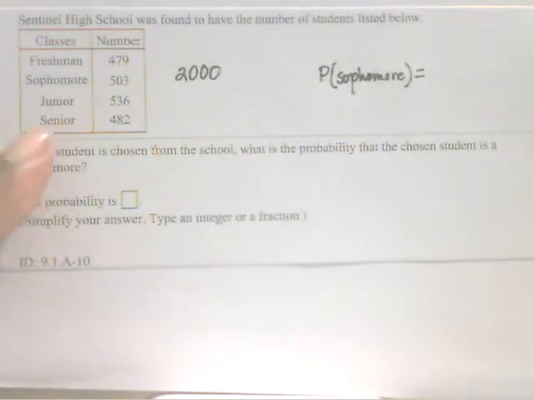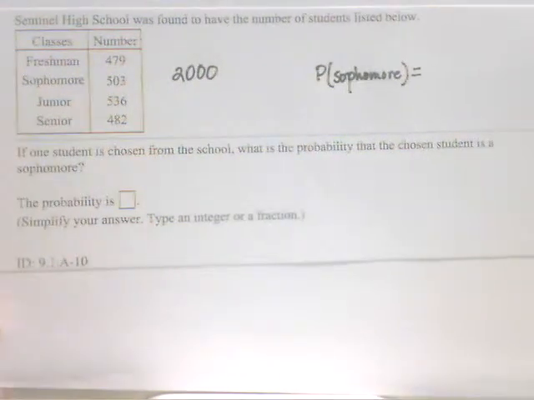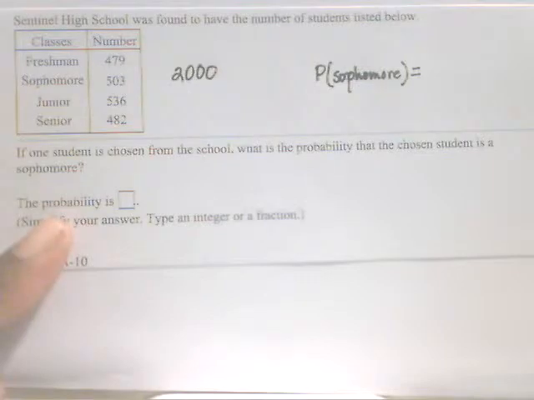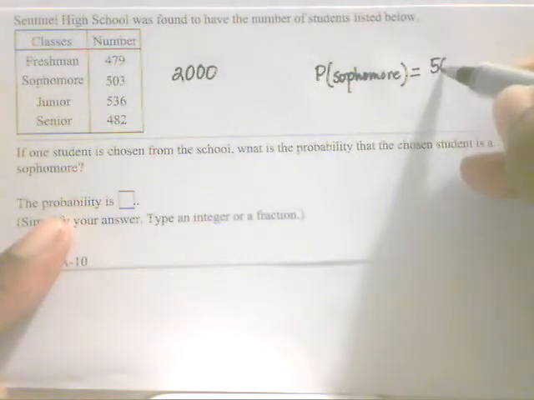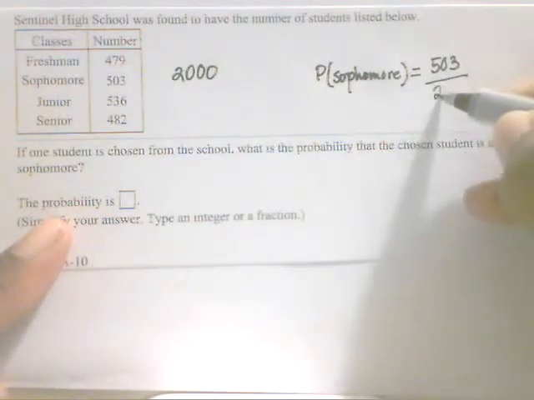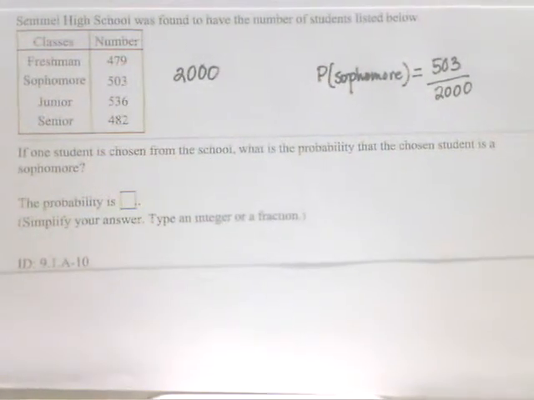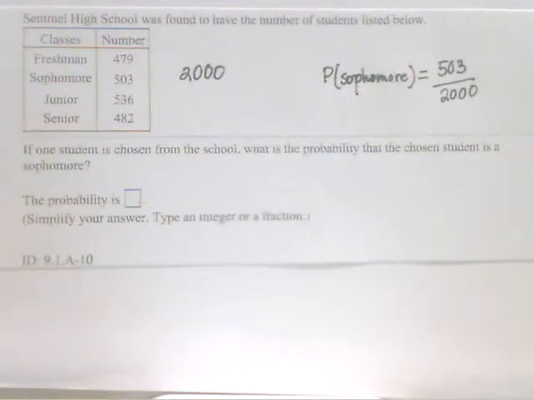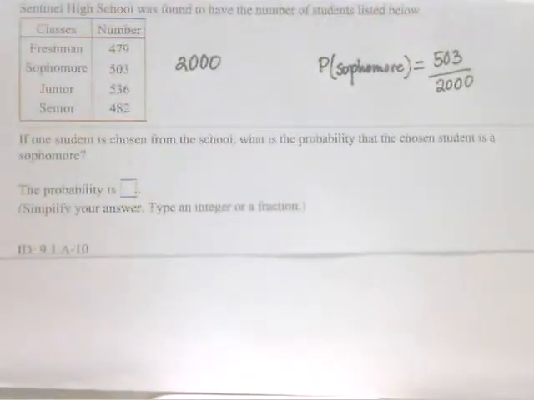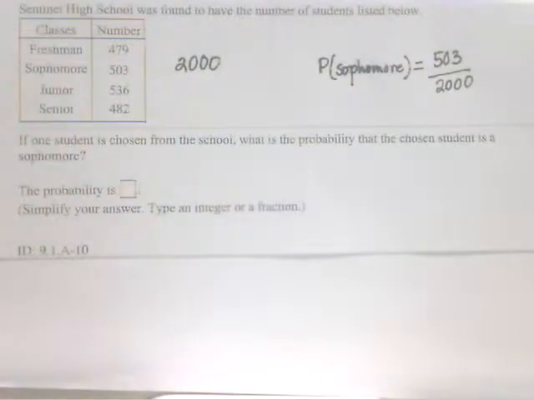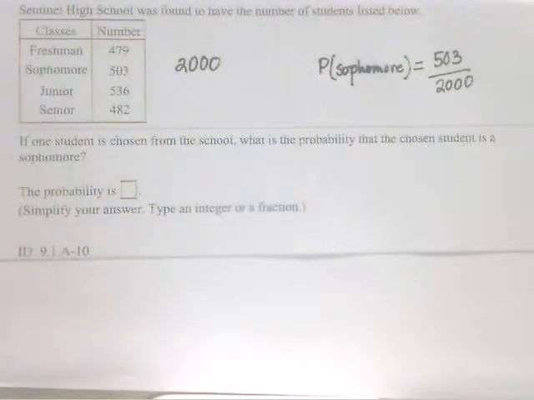From that table, there are 503 sophomores out of 2,000. So it'll be 503 over 2,000, which is in simplest form. So the probability of selecting a student that is a sophomore would be 503 over 2,000.